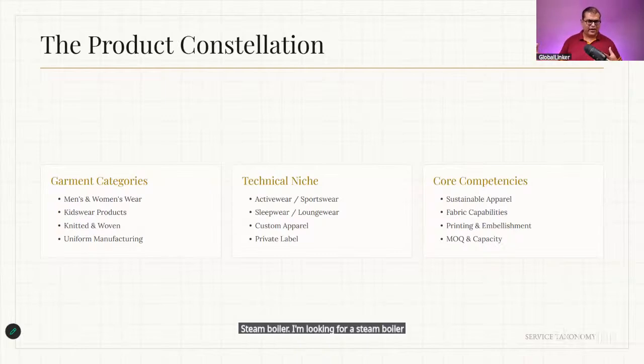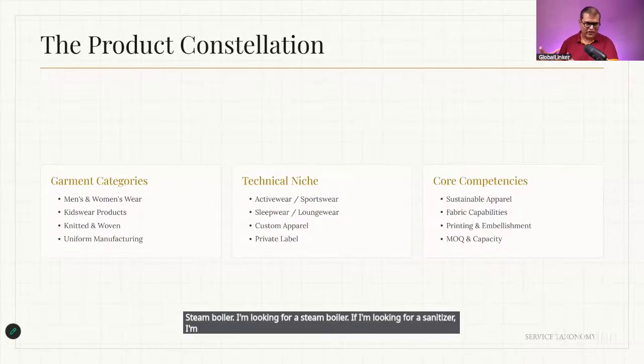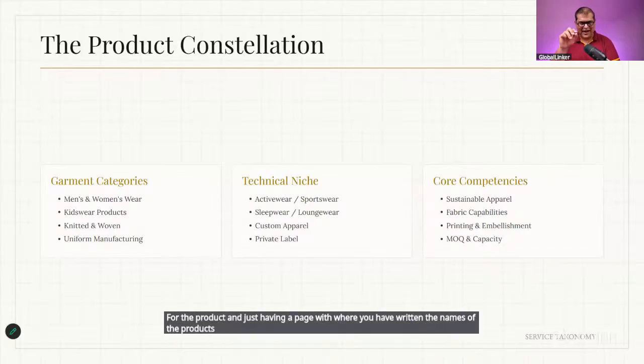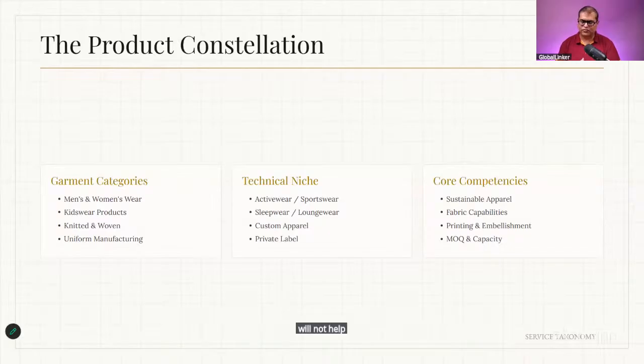If I'm looking for a sanitizer plant or an oxygen plant for my hospital, I'm looking for that, right? So I'm looking for the product, and just having a page where you have written the names of the products and added one or two lines will not help. It is almost as if not having a website.